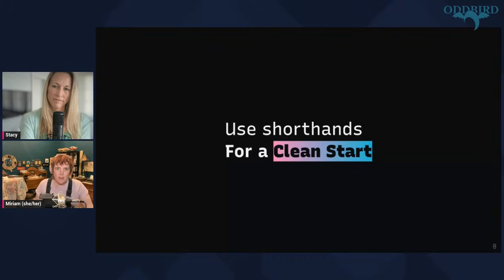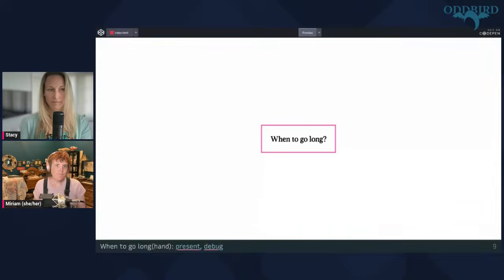Shorthands are there to start over and wipe away everything else and ensure that if this property applies, it applies cleanly. It applies as a fresh start. It's not combined with something else that was already there. So this works to determine what level we should use.